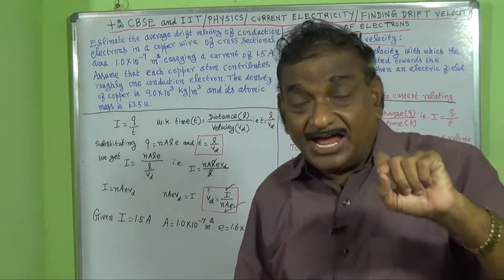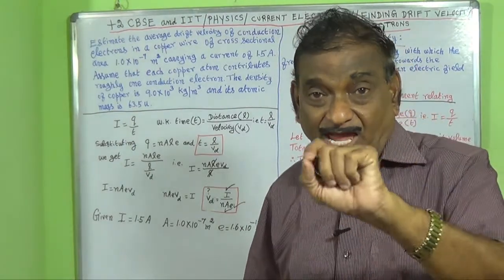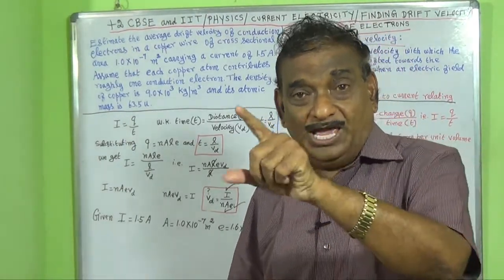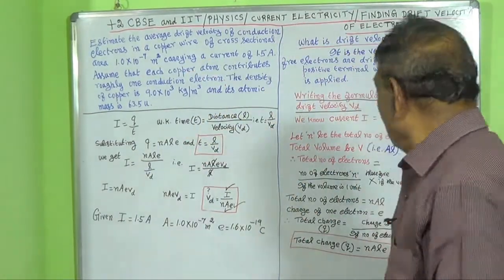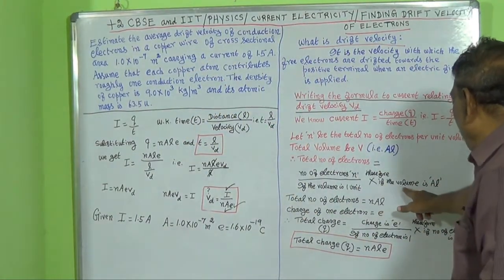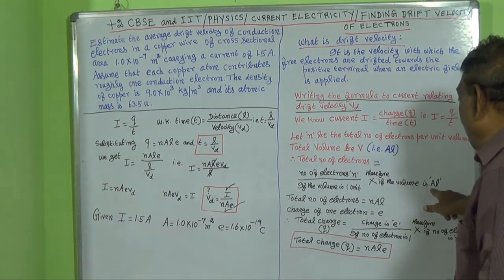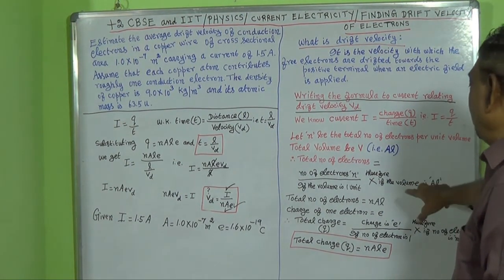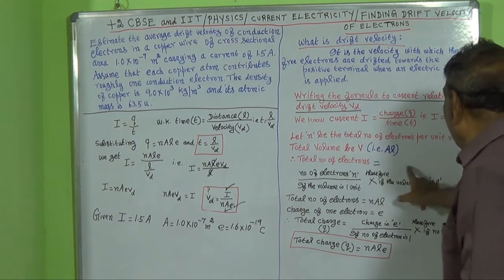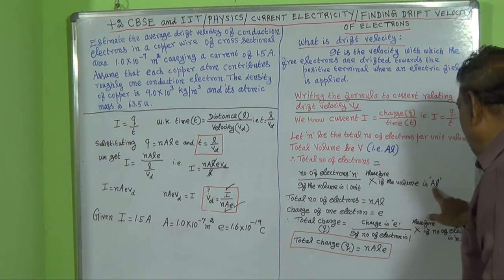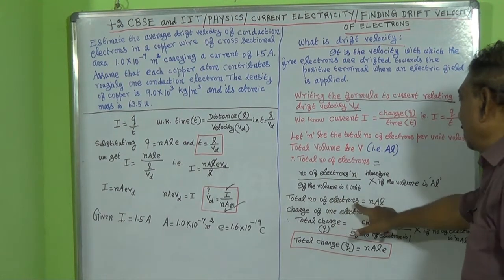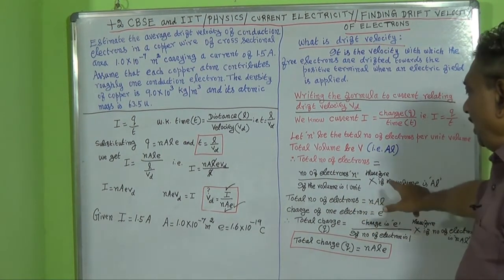It is considered as capital AL, that is area into length, the cross-sectional area of the wire into length. So we are multiplying with AL, and the total number of electrons equals nAL.